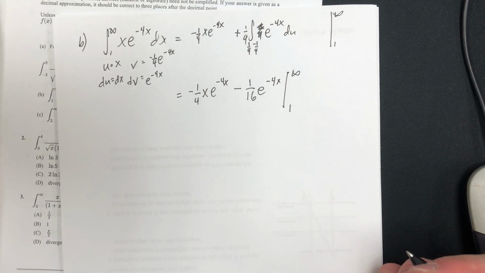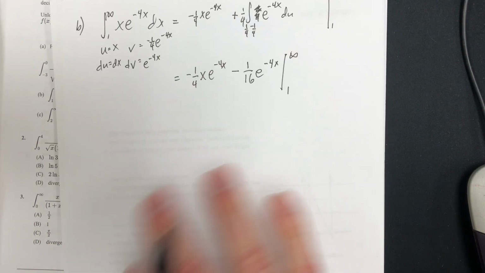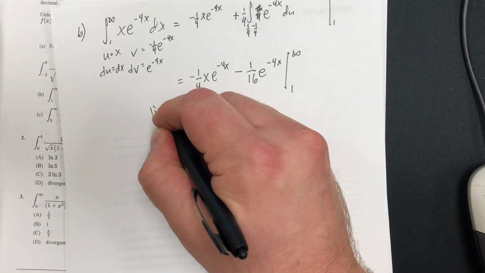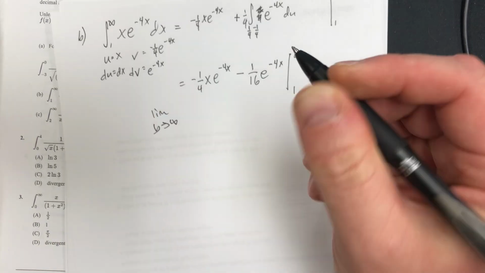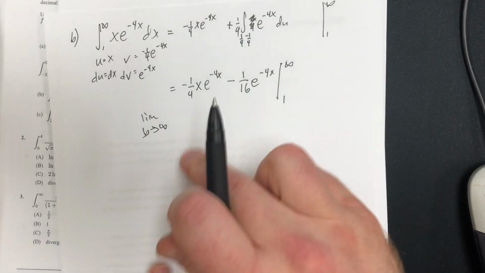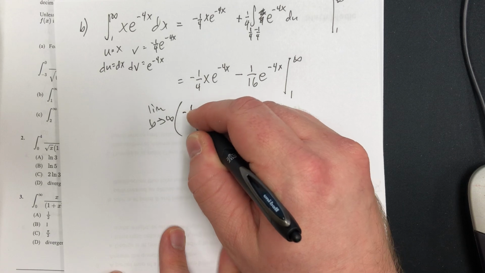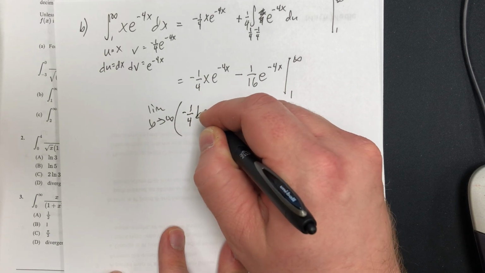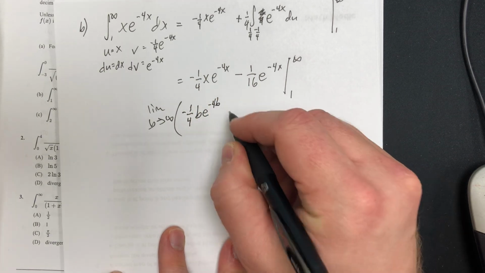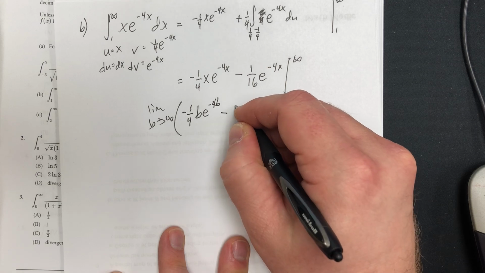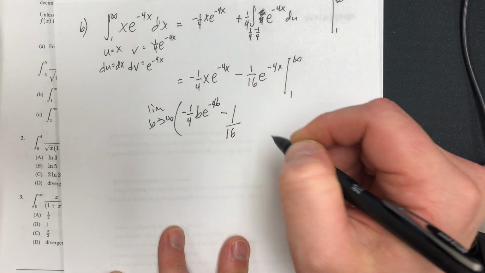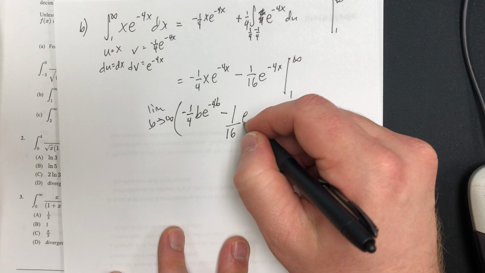And remember, we're taking the limit as b approaches infinity. I see we're going to run into a problem, so I'm going to change that and use b. So that's -1/4 b e to the negative 4b minus 1/16 e to the negative 4b.